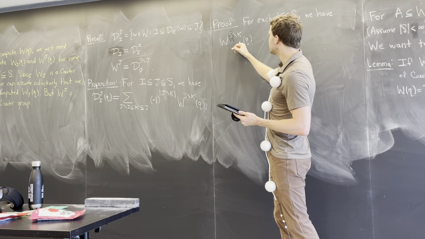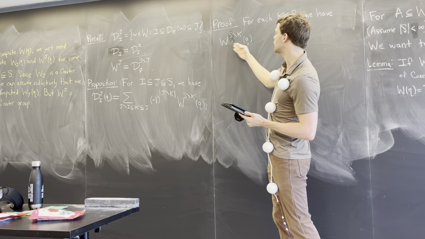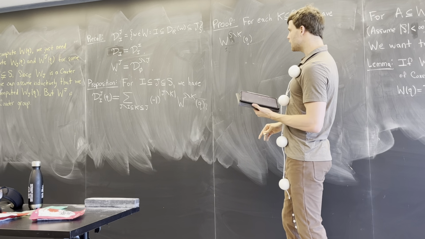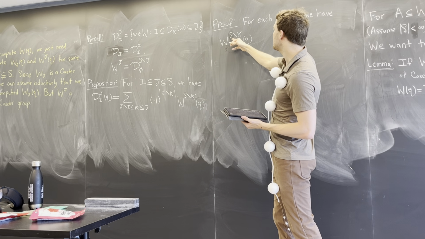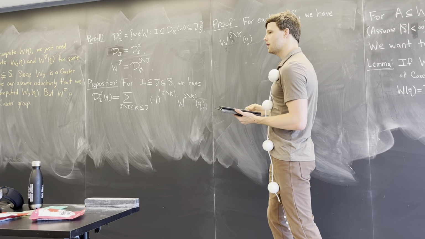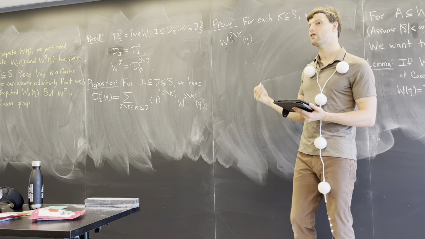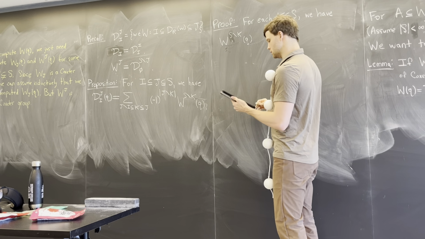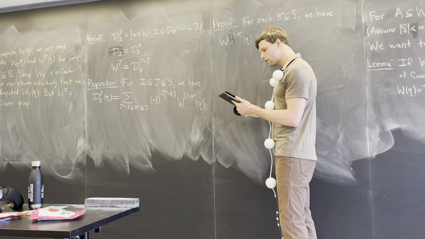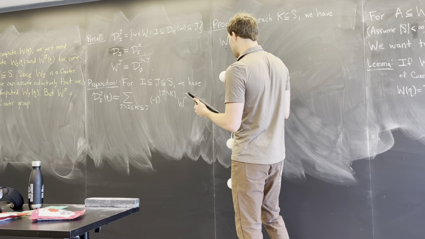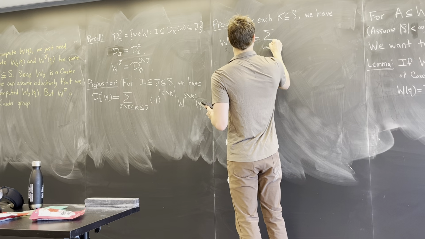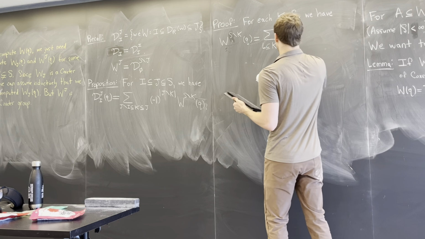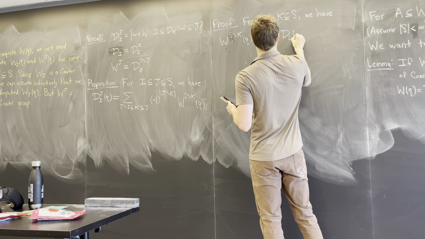If I don't think of the Q, if I just look at this set of elements of the Coxeter group, it's the set of things whose right descent set is contained in the complement of S minus K. In other words, it's the set of things whose right descent set is contained in K. So if I'm summing over all of those, that's really the same as taking the sum over all sets L contained in K of d sub L of q.